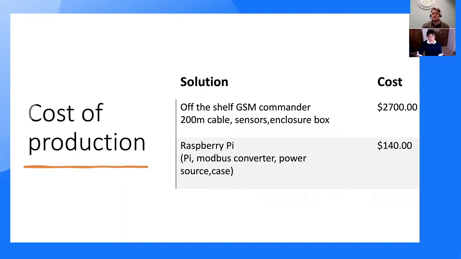So I was staggered when I saw this, because we had full control of the system. We could push as well as pull data. We could get it piggybacking on the internet that was already there, so there was no extra satellite cost. It was just really powerful, and it came in at $140 versus $2,500.